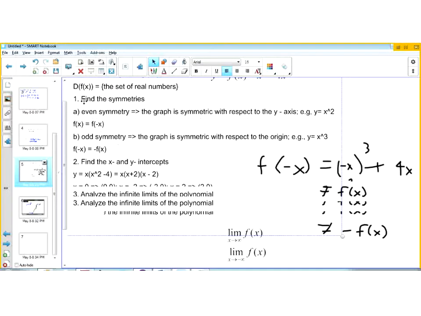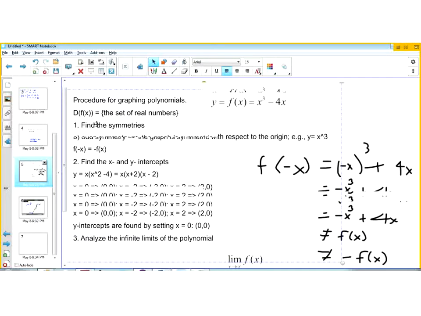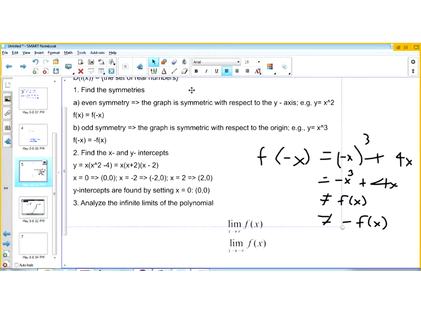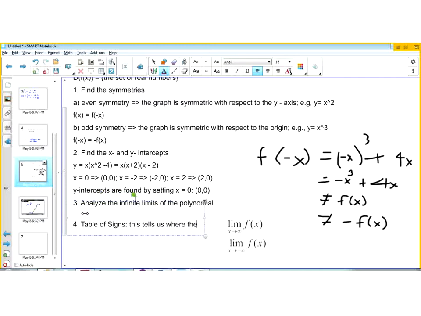Okay, and then the fourth topic that we want to talk about would be the table of signs. So let me mention that. Table of signs. And this tells us where the graph is above... Well, I shouldn't use the word where, that's somewhat imprecise.